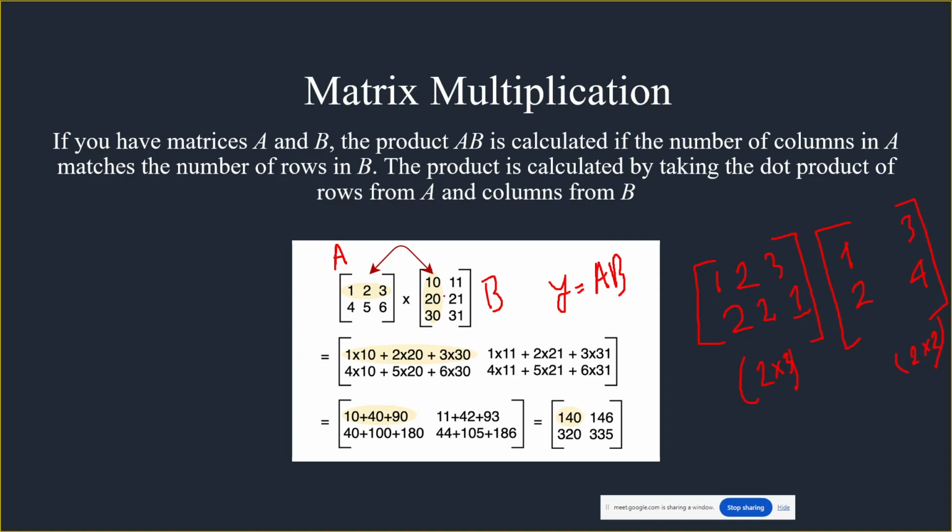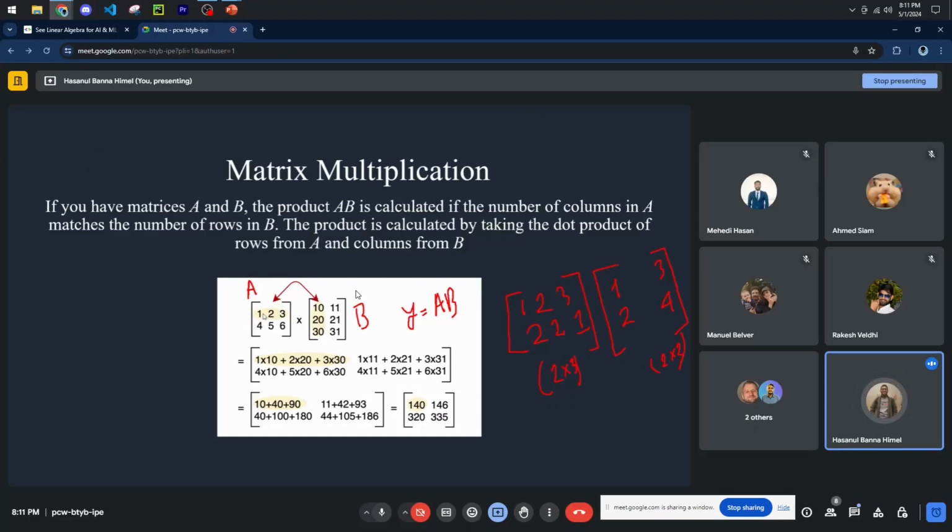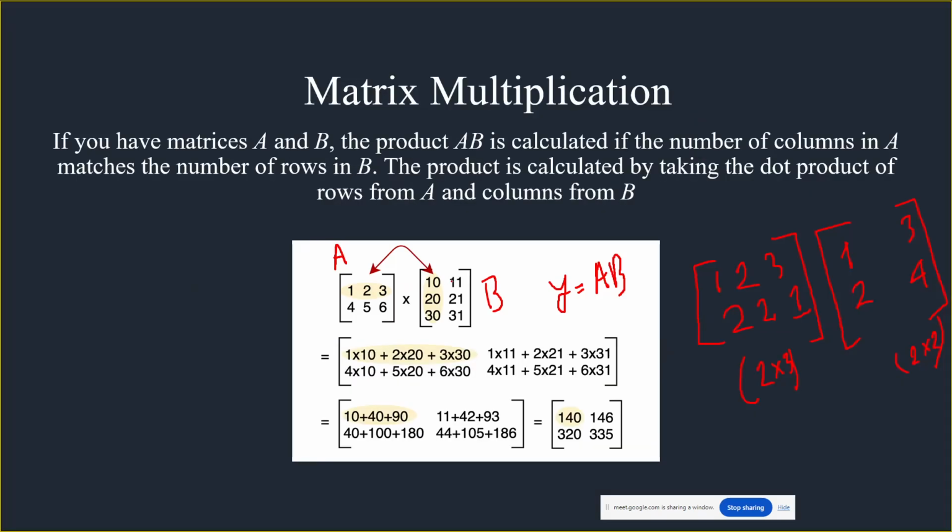Then we will continue with our first row, second column. Here we are multiplying 1 with 11, then 2 with 21, and 3 with 31. Here we get the element of first row and second column.